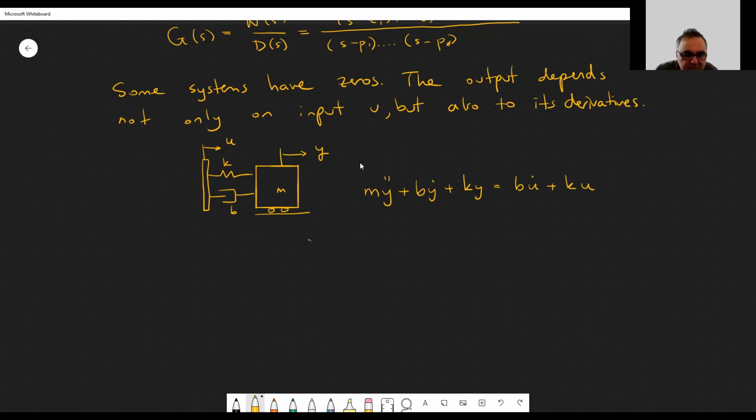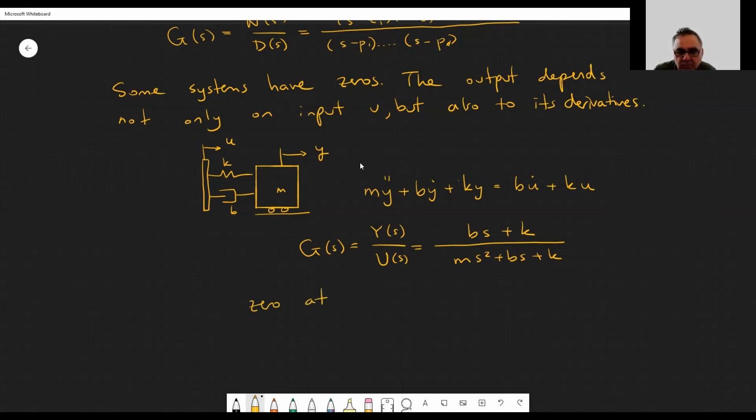As you see, the transfer function G of s, which is output over the input, is (bs plus k) over (ms squared plus bs plus k), so that the system has a zero at, you equate bs plus k to 0, s equals minus k over b.